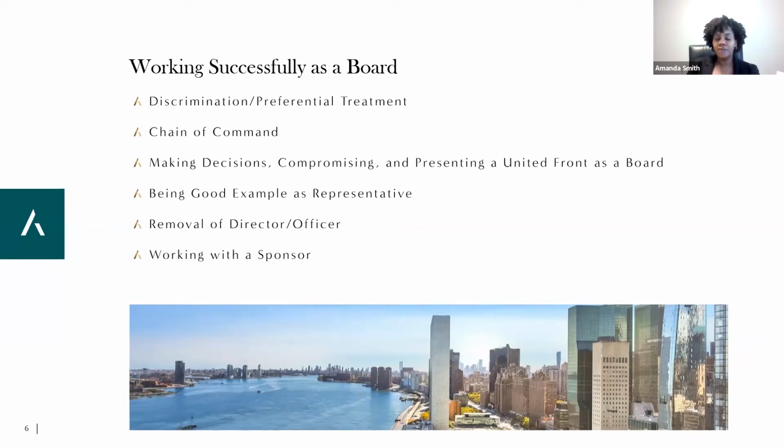To work successfully as a board, I think, and this is my opinion, everyone has to be able to, at some point, agree to disagree, put their personal feelings aside, and say, what does the building need, and vote in accordance to what the building needs.